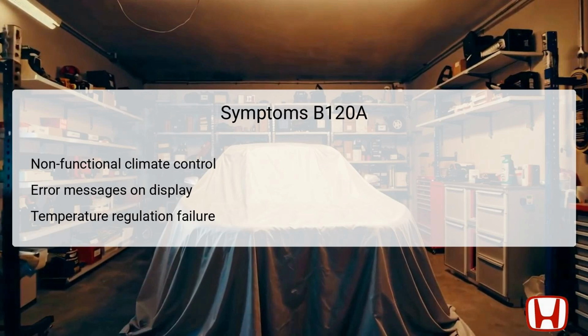These codes indicate a communication issue with the climate control unit. Furthermore, the vehicle may struggle to maintain or regulate temperature effectively, leading to discomfort during driving. Recognizing these symptoms early allows for a timely diagnostic approach, preventing further complications.